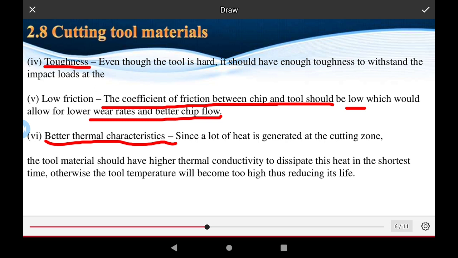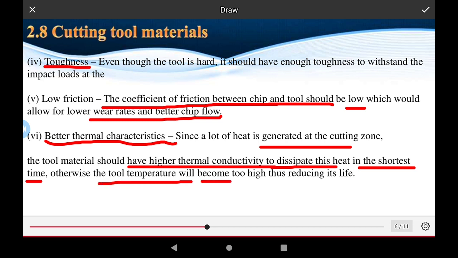Since a lot of heat is generated at the cutting zone, the tool material should have high thermal conductivity to dissipate the heat in the shortest time. Otherwise, the tool temperature will become too high, reducing the life of the material.